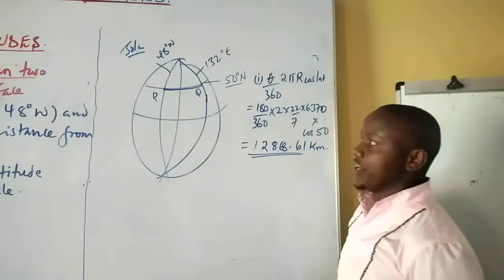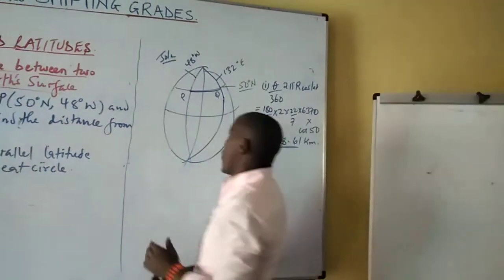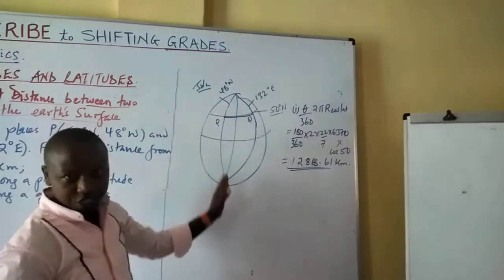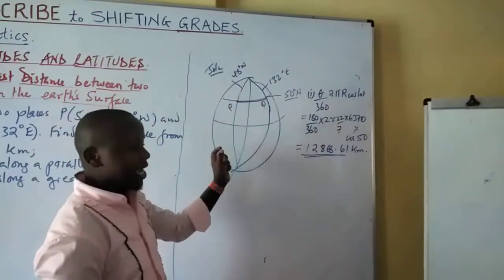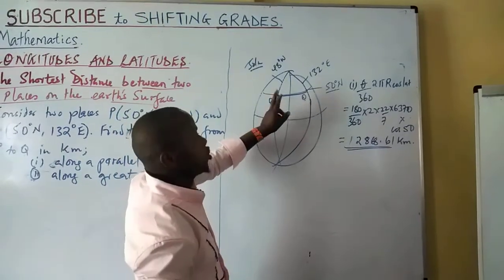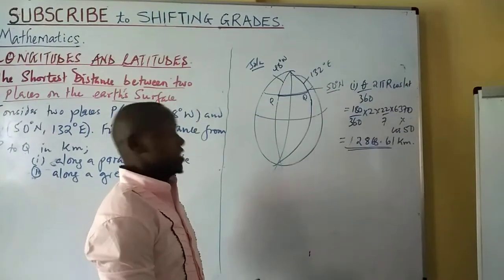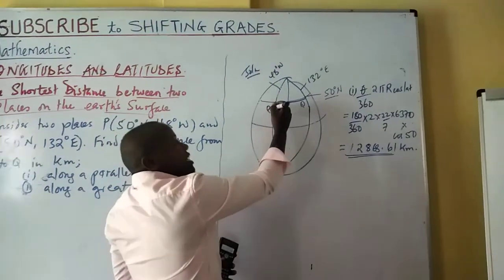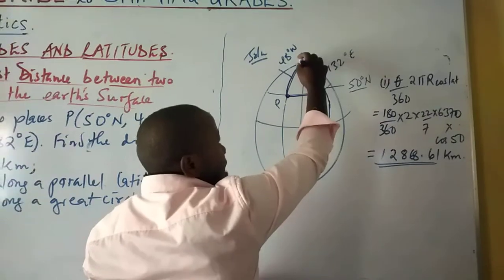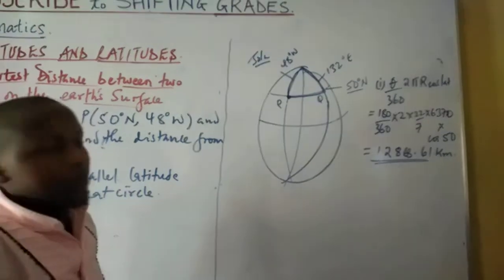We can check now the distance along a great circle. When two places are not on the same longitude, but you're being told to get the distance along a great circle, what you do is you get the distance from P to the North Pole, then down again to Q. That is the distance we get.